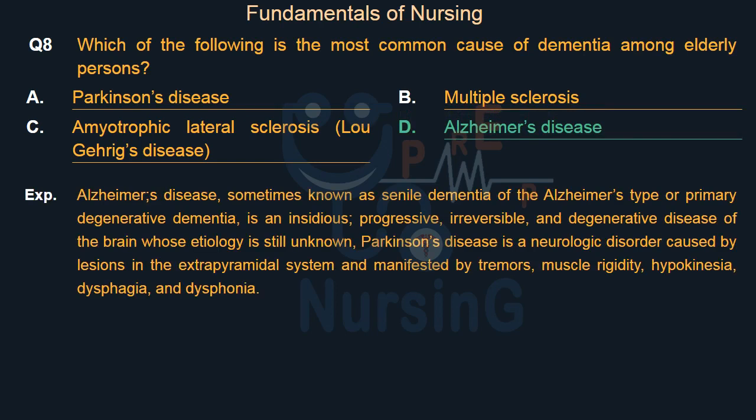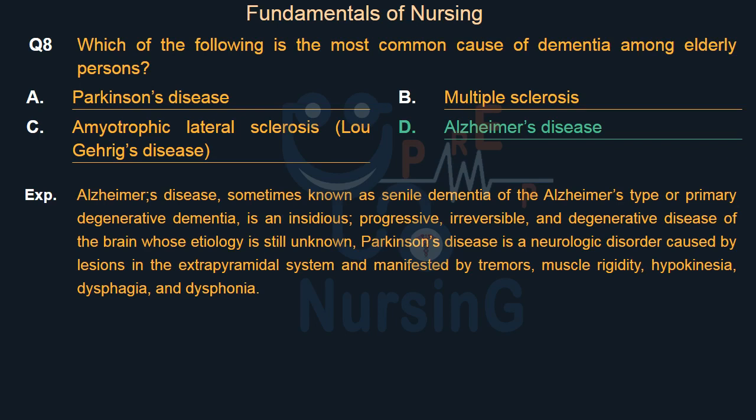Alzheimer's disease, sometimes known as senile dementia of the Alzheimer's type or primary degenerative dementia, is an insidious, progressive, irreversible, and degenerative disease of the brain whose etiology is still unknown.